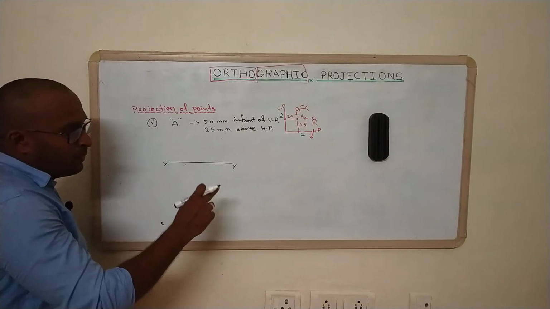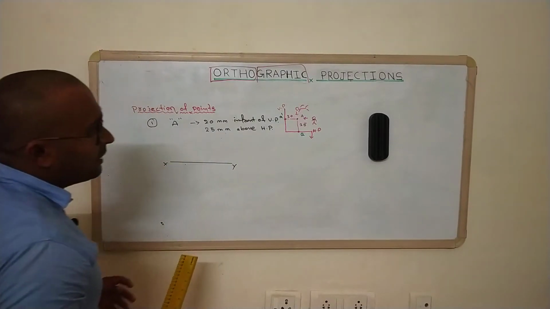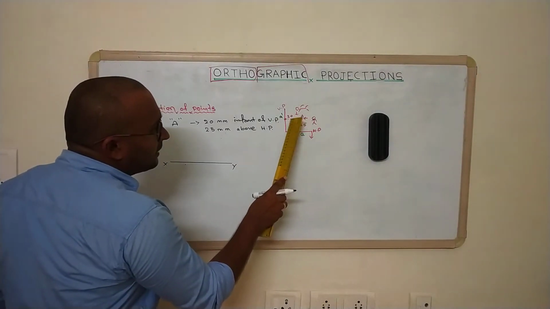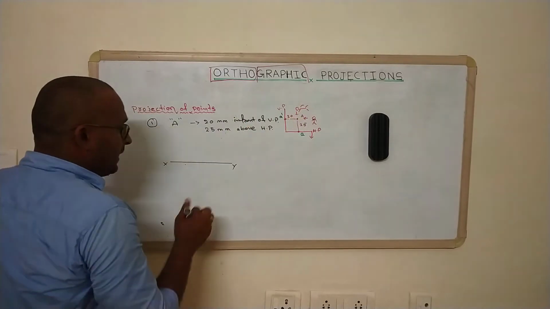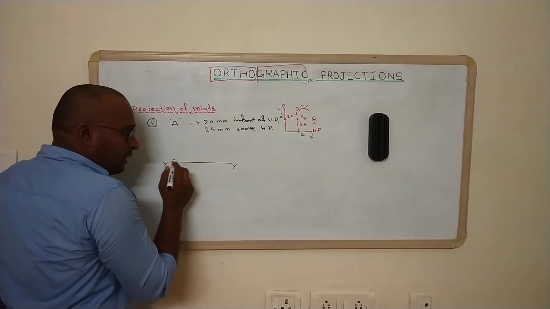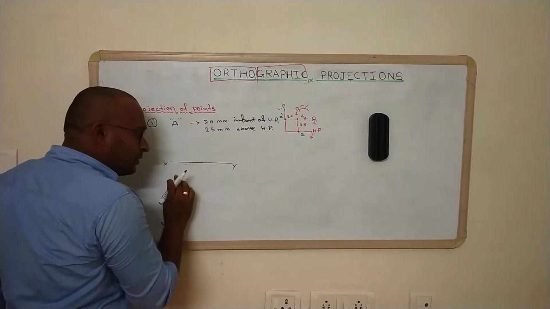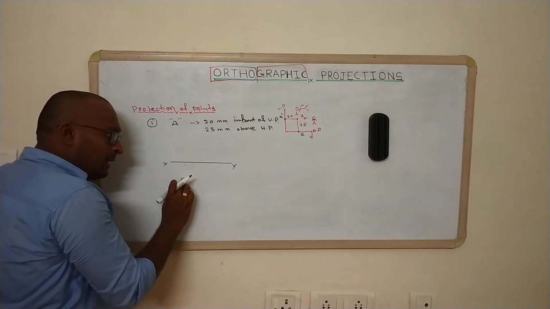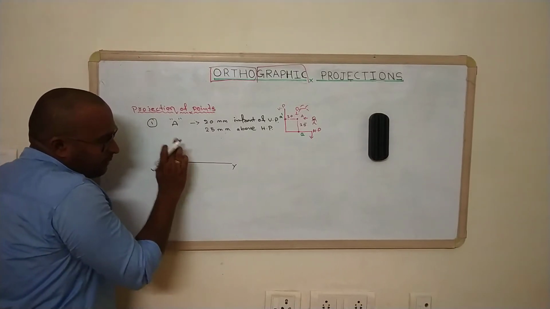So the front view dimension will be 25 mm above HP, and then here in front of VP is 20 mm. As we already discussed, the front view will lie above the XY line and the top view will lie below the XY line. So here, in front of VP, above HP.